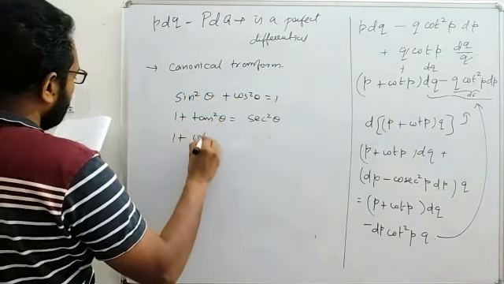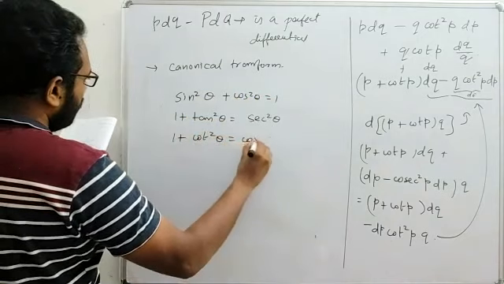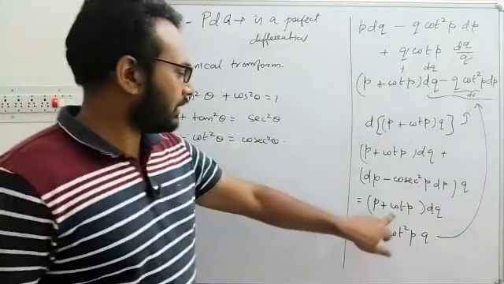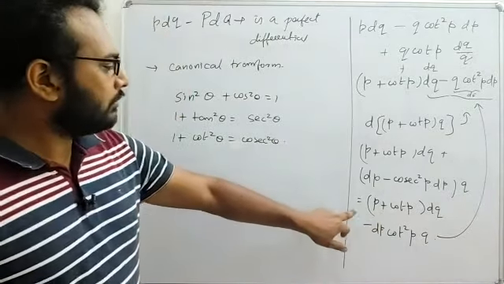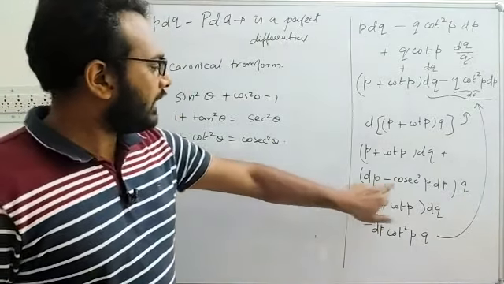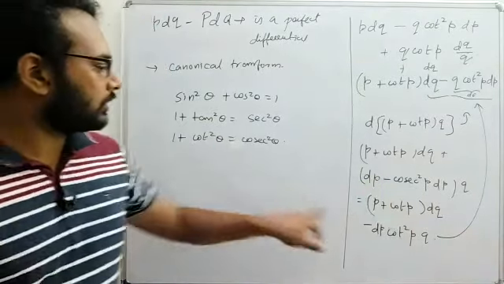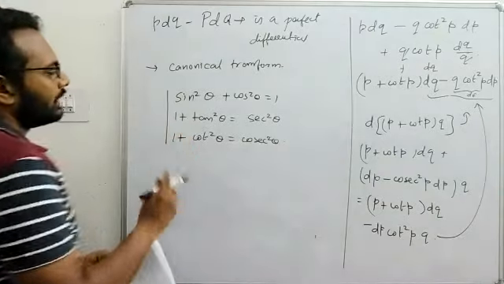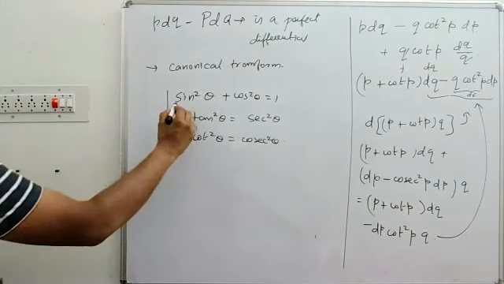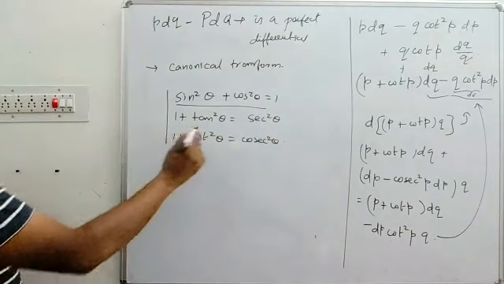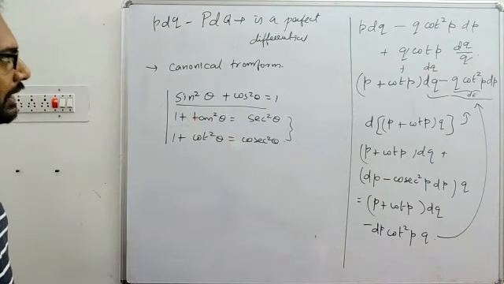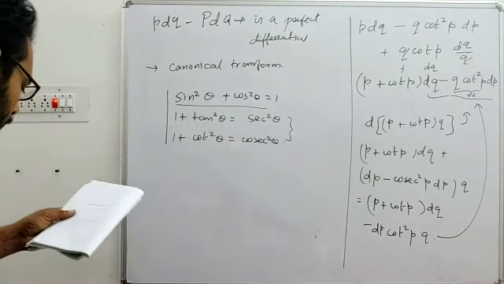We also have 1 plus cot square theta is equal to cosecant square theta. That's why 1 minus cosecant square theta is minus cot square theta, which is what we used there. Sometimes you forget this; sine square plus cos square equal to 1 we always remember. We may also need these other trigonometric identities, so it's a good thing to make a note of them and remember them.